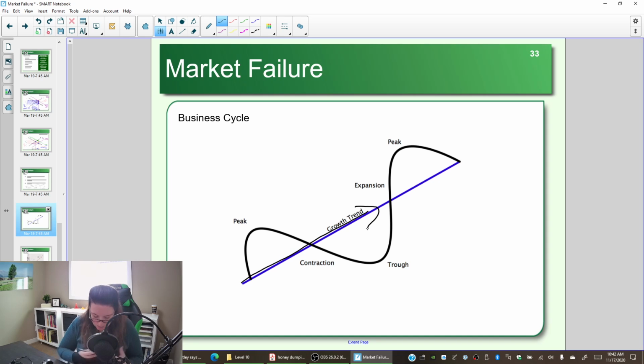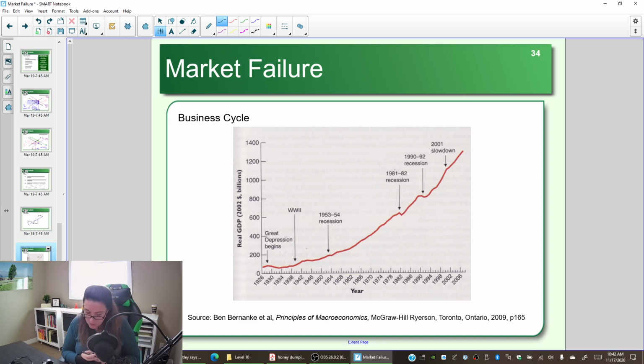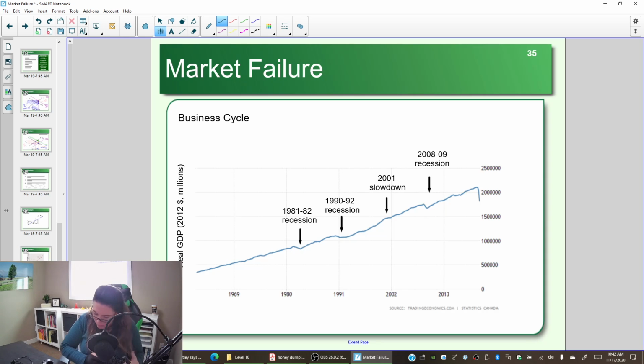In fact, here's Canada in terms of real GDP back to 1926. Notice, over the long term, we see growth. It's the little ups and downs that you see here that indicate to us the business cycle. They don't look so bad when we look at the big picture. Let's zoom in a little bit more. So here's essentially the 70s forward.